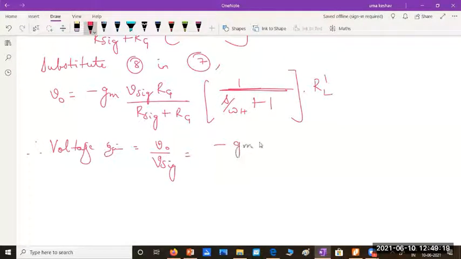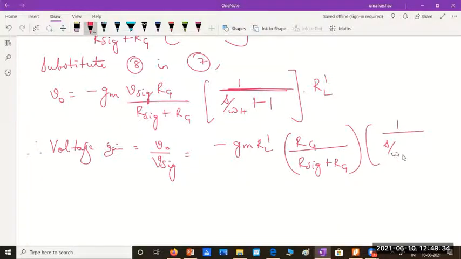It will be minus GM RL dash, I'll bring this RL dash first, into RG by R sig plus RG into 1 by S by omega H plus 1. This will give you the expression for the voltage gain, and this is called the voltage gain at high frequencies. Let me call it as AH. The voltage gain at high frequencies.